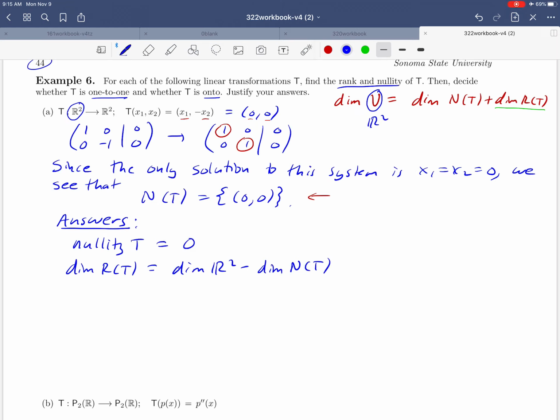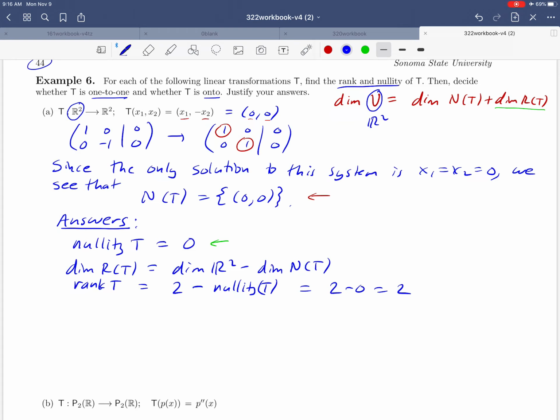If we rewrite that equation, the dimension of R(T) is really just the rank of T. We know that the dimension of R2 is 2, and by definition, the dimension of N(T) is the nullity of T. We calculated the nullity of T right here. We know that it's 0, so the right-hand side of this equation is just 2 minus 0, which is 2. We've just figured out what the rank is.